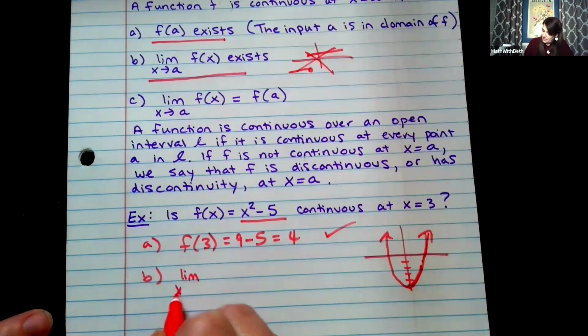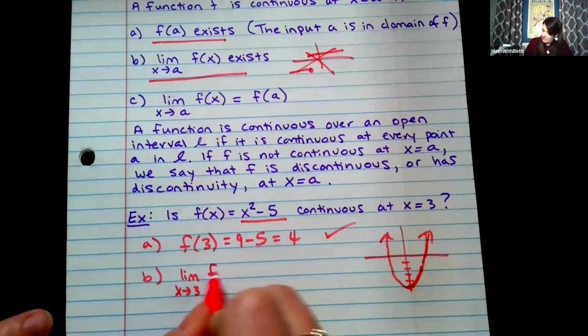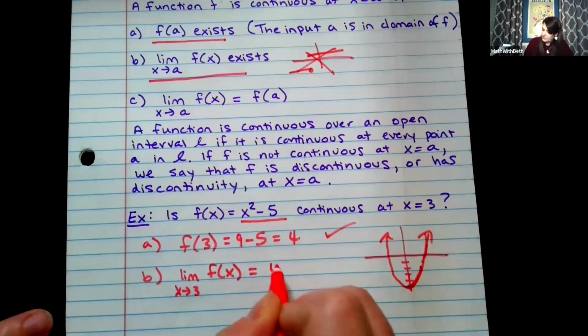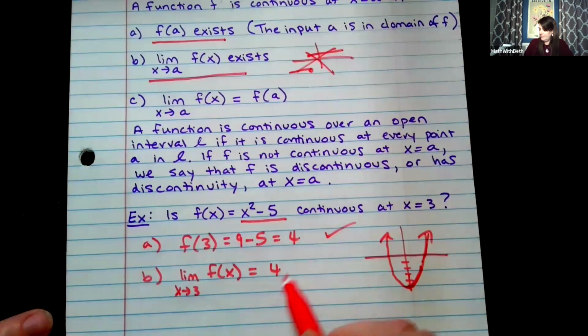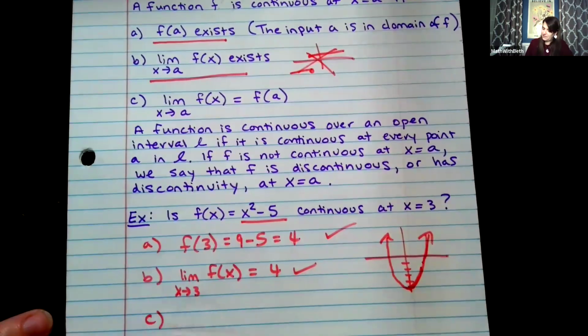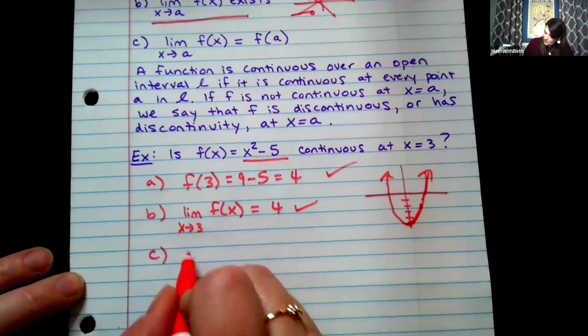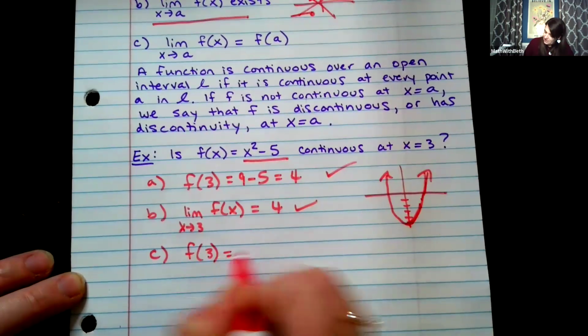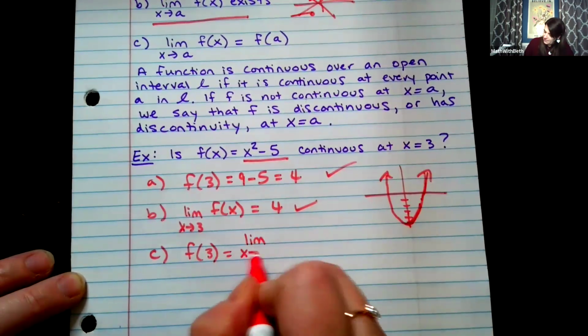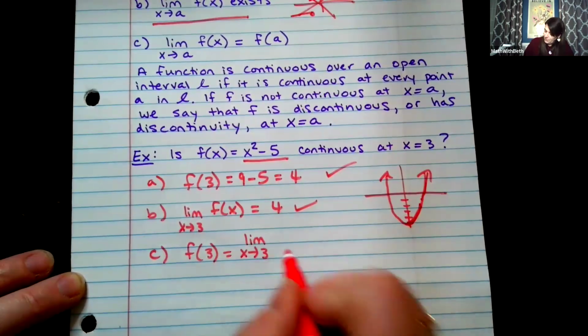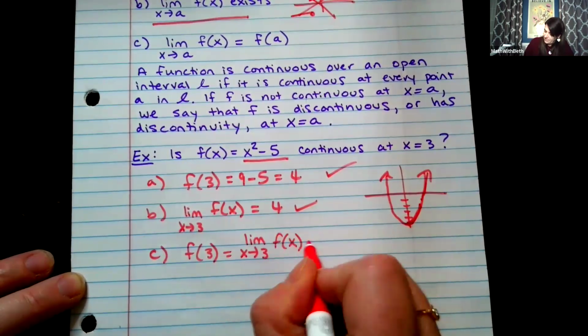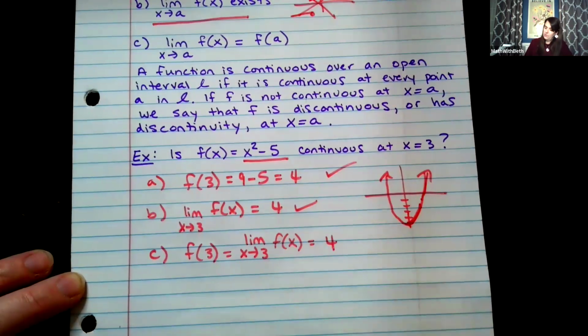So the limit as x approaches 3 of f of x equals 4. If this exists and this exists, then the last thing we need to explain is that they equal each other. So f of 3 equals the limit as x approaches 3 of f of x, which both equal 4.